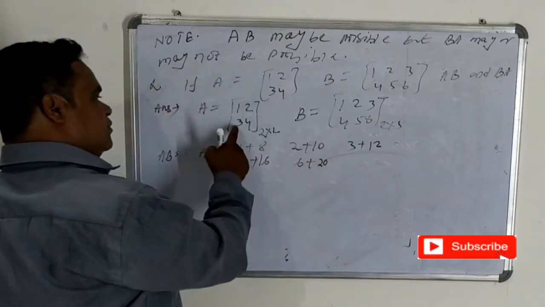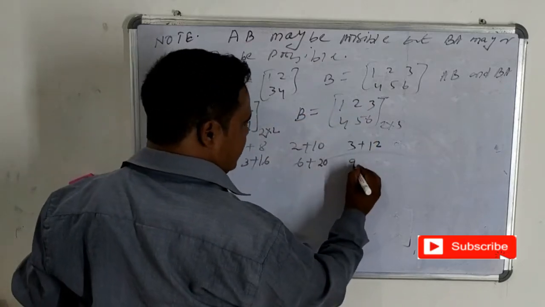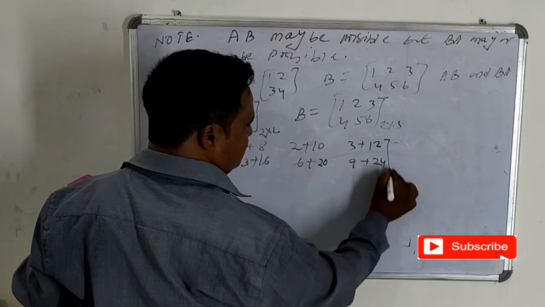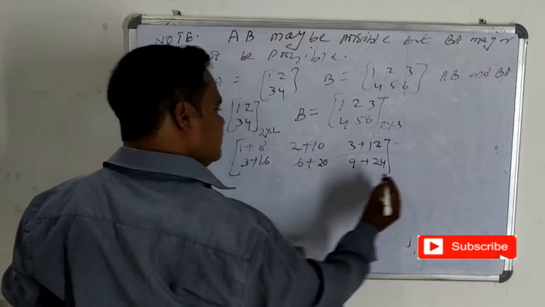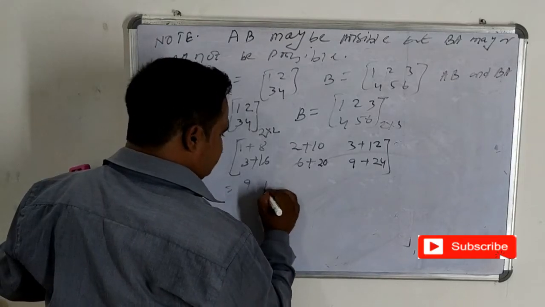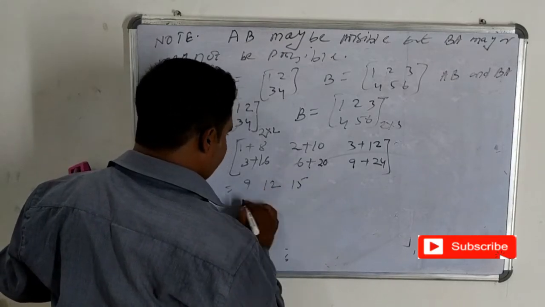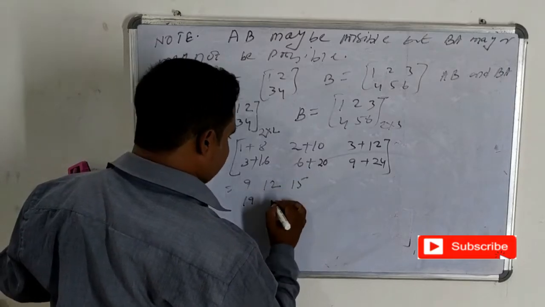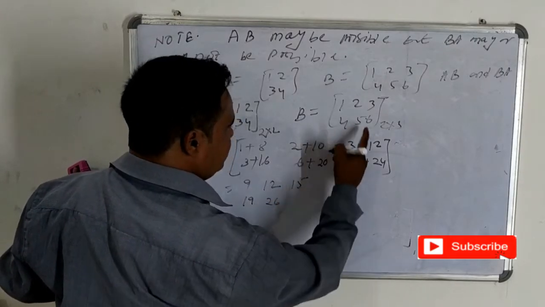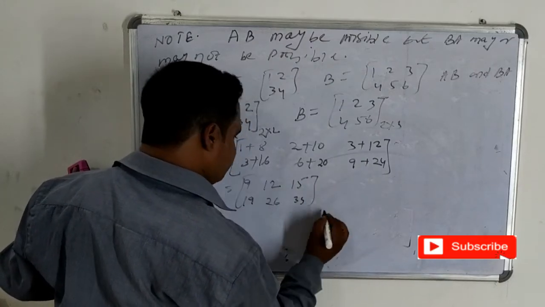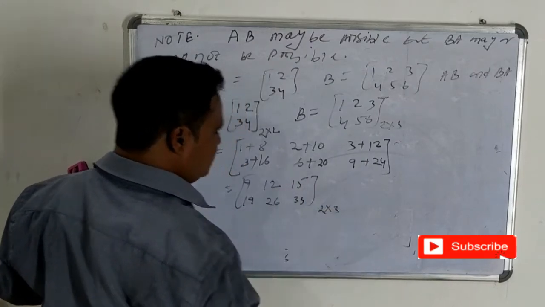Alright. 3 into 3 is 9 plus 4 into 6 is 24. So here the values are 9, 12, 15, 19, 26, 33. Your matrix order is 2 by 3.